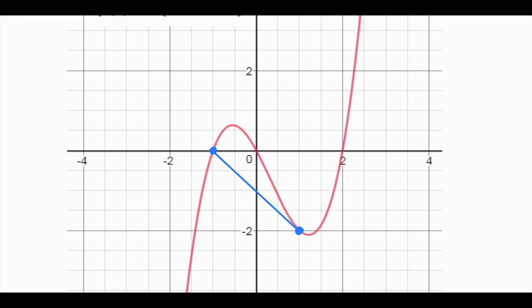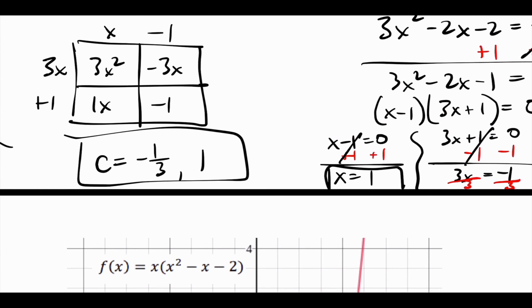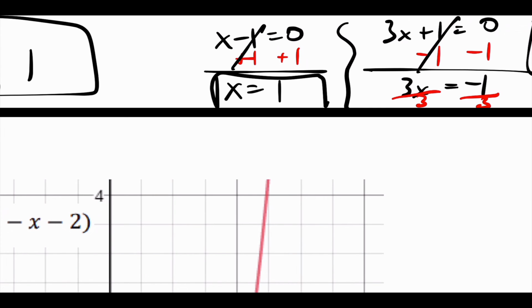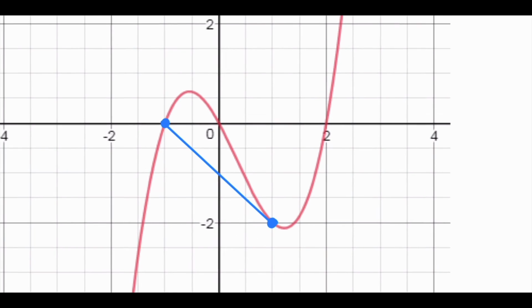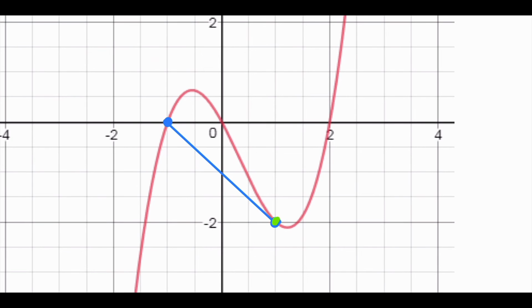That's negative 1. So what the mean value theorem told us was, when x equals 1, let's go find where x equals 1. If I were to find the slope of the tangent line here, it would be the same slope as the blue line.